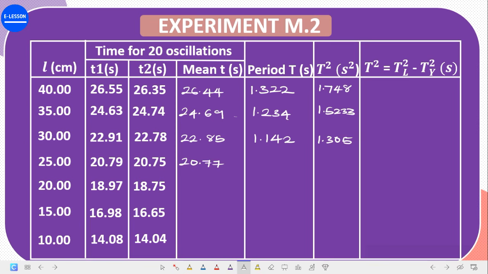Divided by 20, that will give you 1.039. Then square it, which will give 1.079.